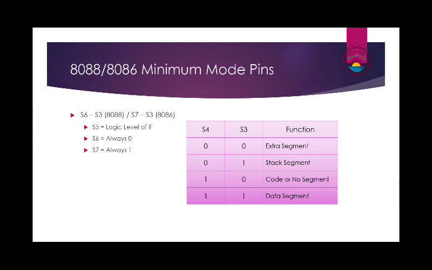If you are having S6 for any microprocessor as logic 1, so that means your processor chip is not working well. That may be a faulty IC, faulty microprocessor. Same is the case for S7. If you are receiving S7 as logic 0, then your microprocessor may be a faulty one. So these are the status signals of processor 8088 and 8086.